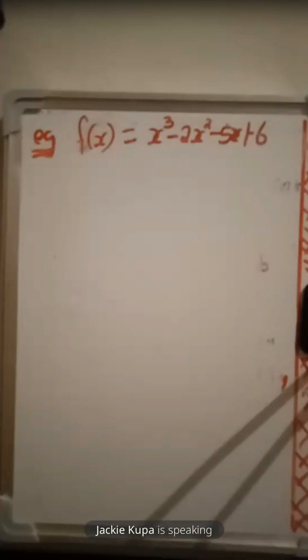We can rewrite the expression. Like how? Like x to the power 3 minus x to the power 2 minus x to the power 2 again.